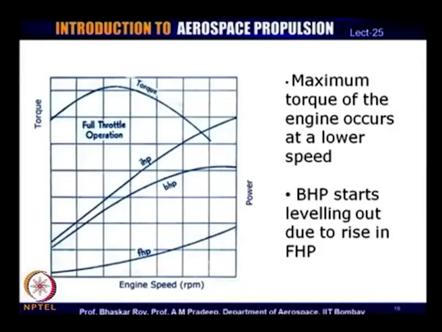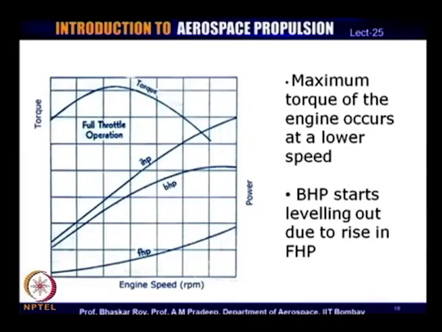The maximum torque of the engine occurs, as we now see, at a somewhat lower speed, and the IHP keeps going up, as we have seen in the last graph, whereas the BHP, which takes into account now the FHP, keeps going up, and then somewhere over here the high FHP forces the BHP to level off, and it plateaus out.